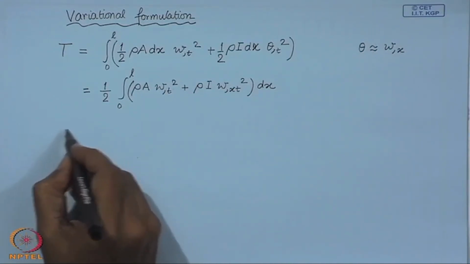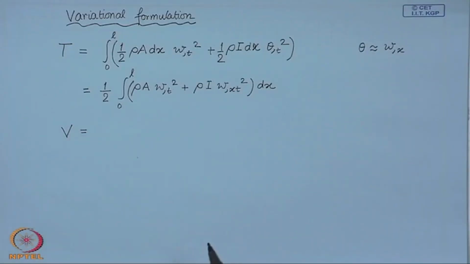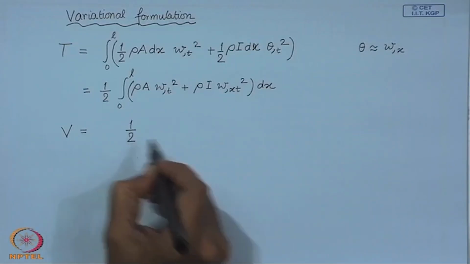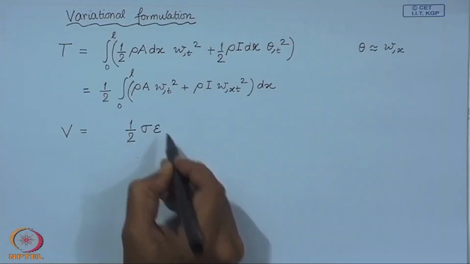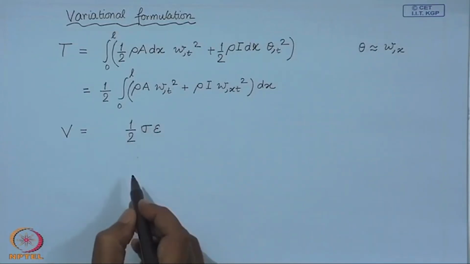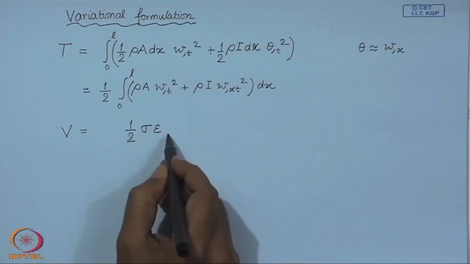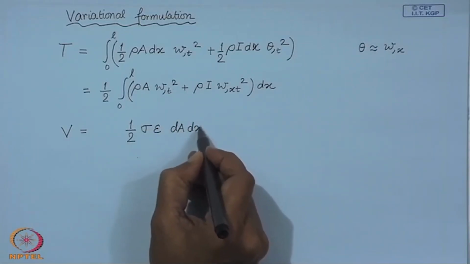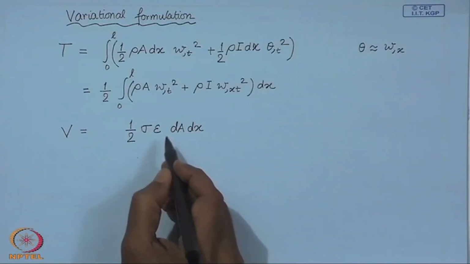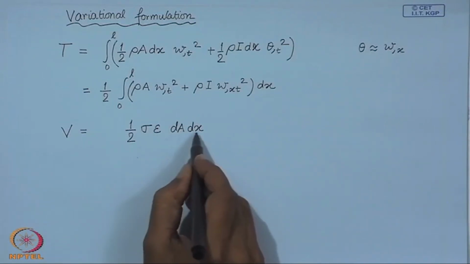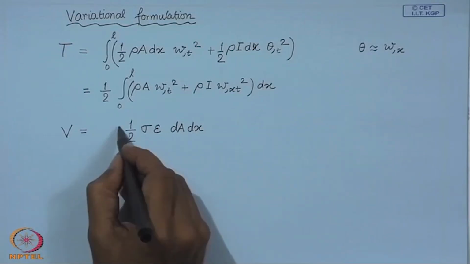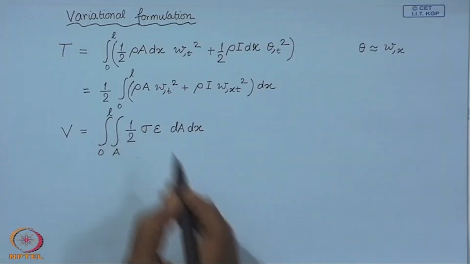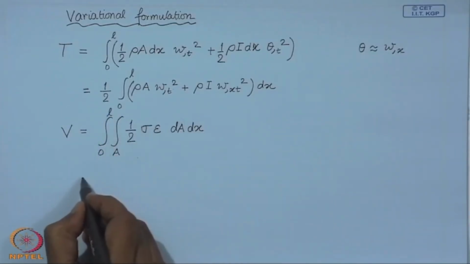Now, the potential energy of the beam: we know that the potential energy per unit volume for a linearly elastic material is given as half the stress times the strain, over the volume. So, dA is the small area of the cross section and dx is the small length of the element. So, if we integrate this over the area and over the length, then we should have the potential energy.